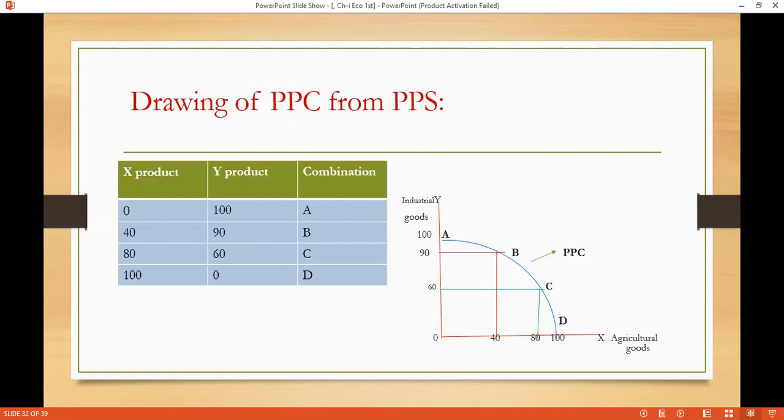So at the first level 10 units and at the second level 30 units. Then for producing 100 units of X product, the Y product sacrificing rate is more, that is a full 60 units. So the first Y product sacrificing unit is 10, then 30, then 60. In this way, the sacrificing rate is increasing. In that case, we get a concave shaped PPC.